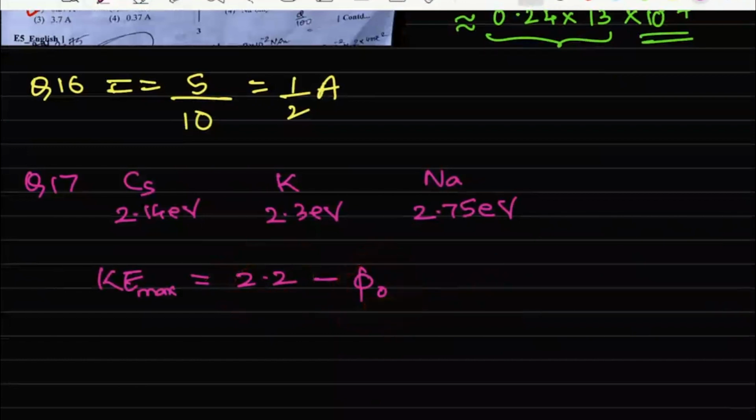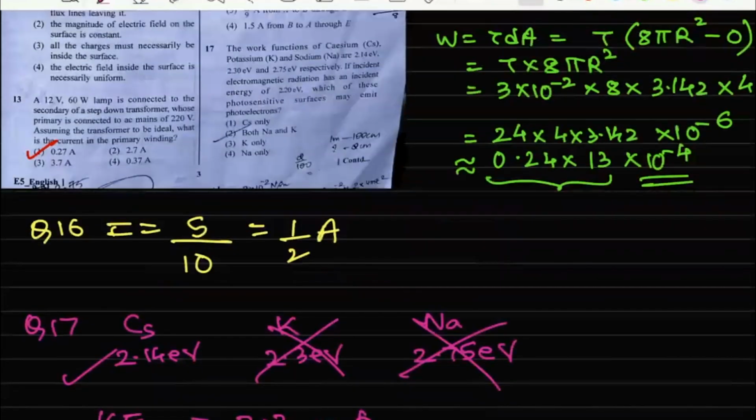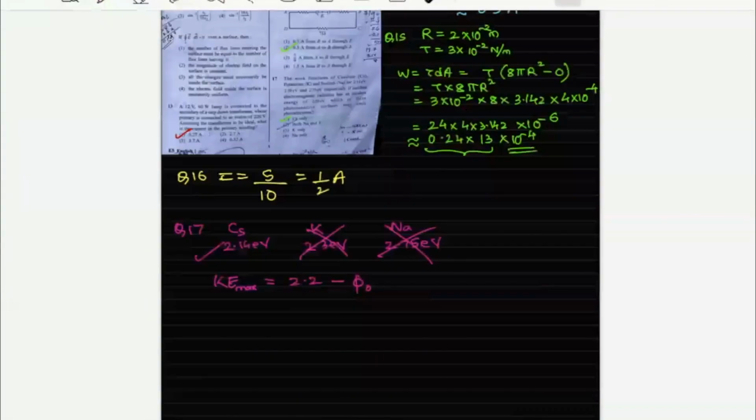So obviously these two will not create any photoelectric effect. It should be only cesium. So cesium only, sodium and potassium should not happen, because the work function should be less than 2.2. So that's number 17. Let's go to the next page.